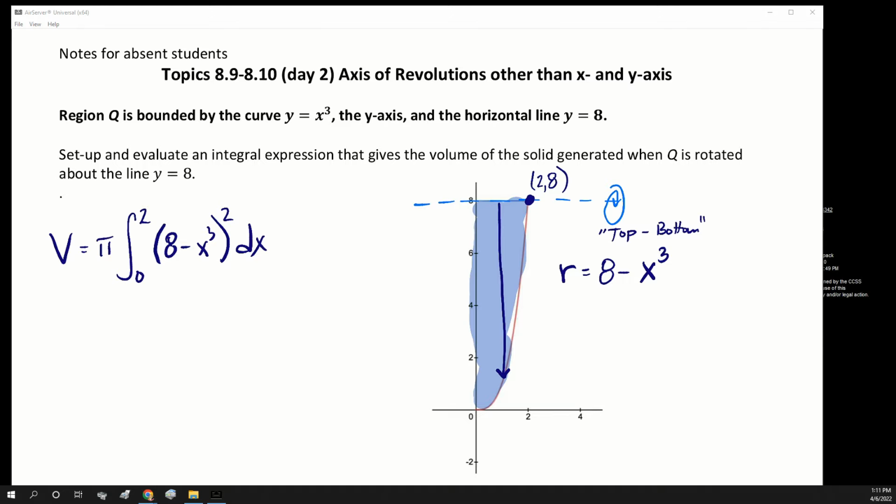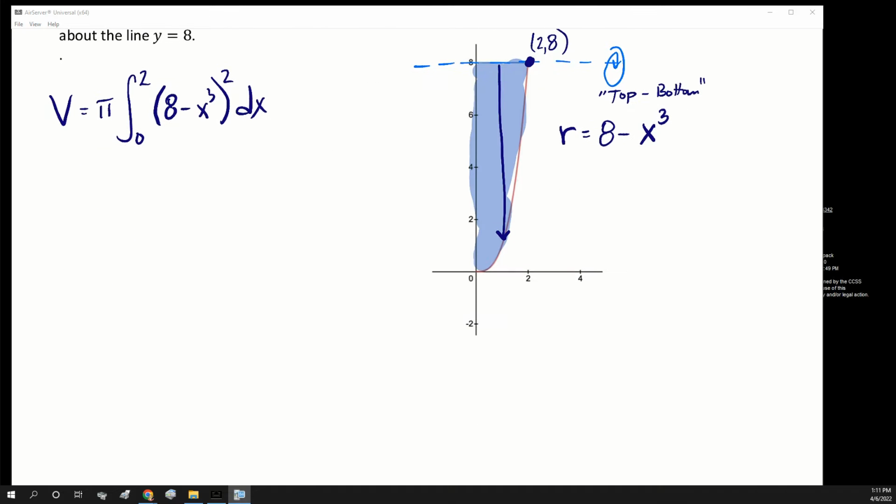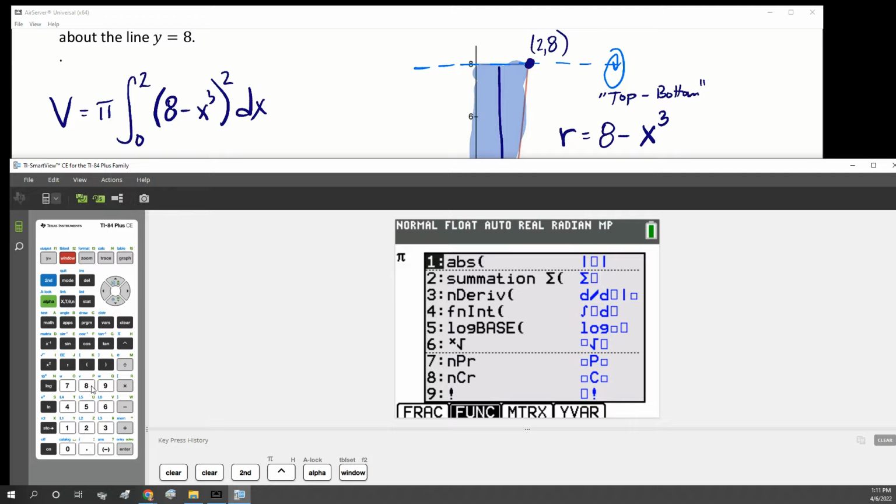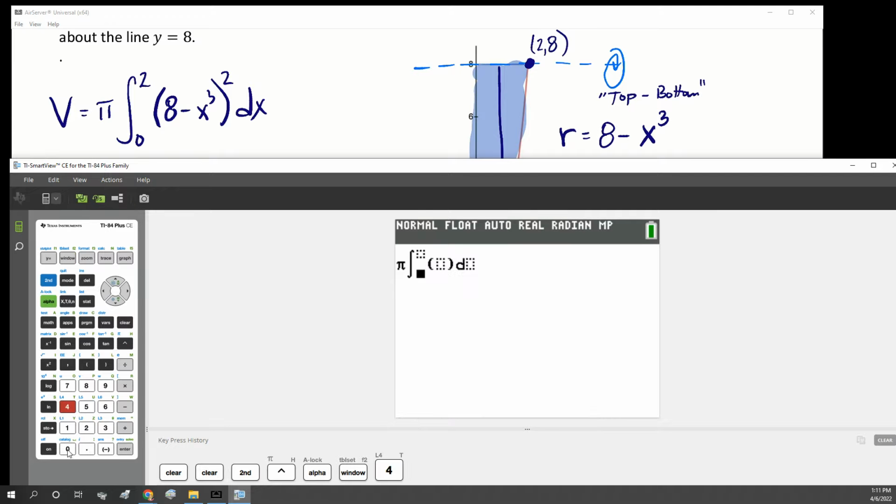Now, don't be surprised if you have to do this one by hand on the AP test. It's very doable. The thing is that I want you guys to get comfortable setting up the integrals and not have to focus on the tedious steps of evaluating them. So anyway, we're going to do pi and then alpha window to get the integral, number 4, and fill in our lower and upper limits.